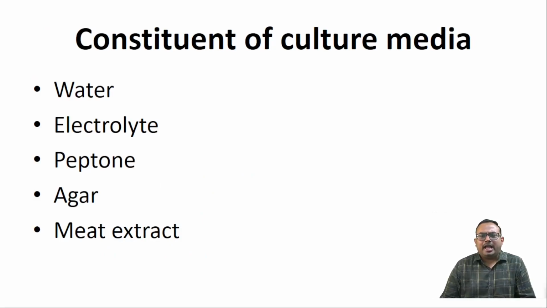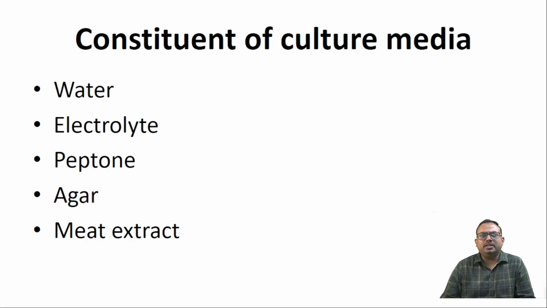Now the constituents of any culture media include water, electrolytes, peptones, which are partially digested proteins, then agar, which is used either to solidify the media or make it semi-solid.